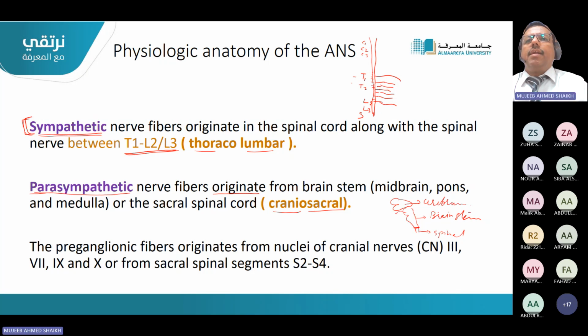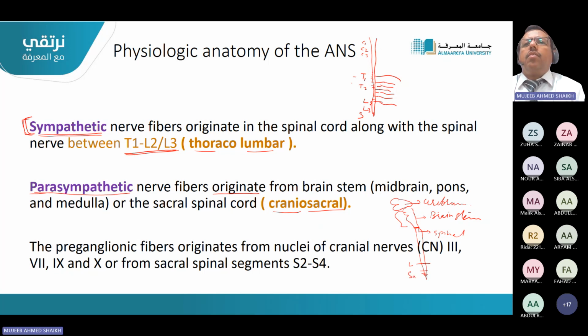So from this division, that is the brain stem, as well as this, which will continue down till the sacral region. Let's say this is lumbar, and some part is called the sacral.